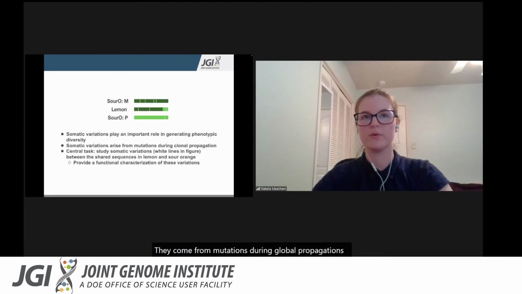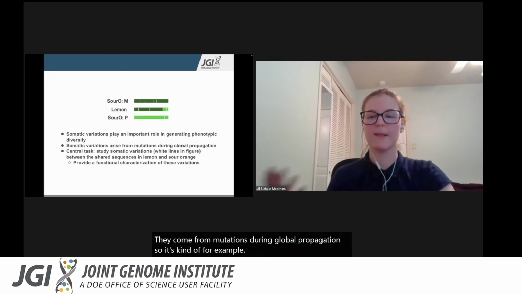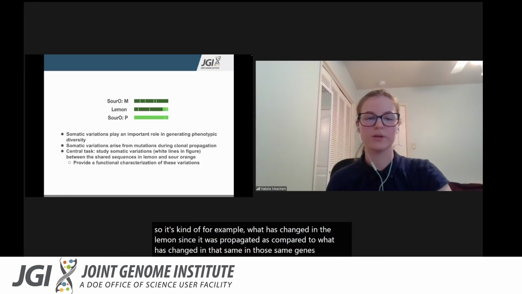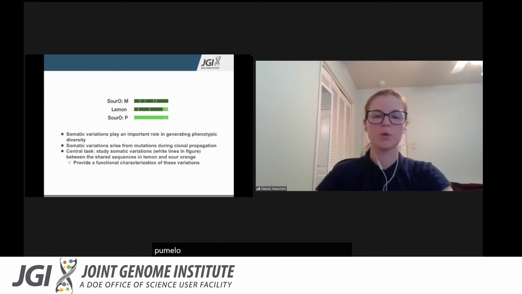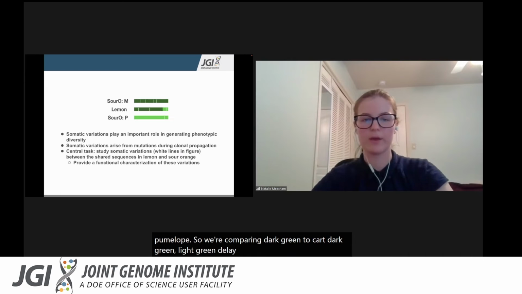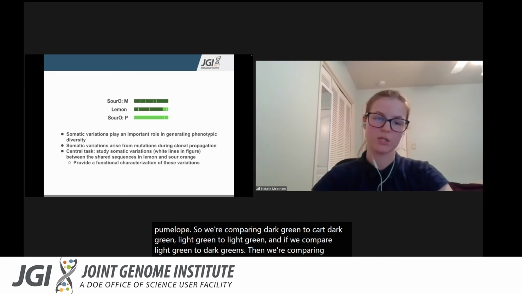So it's kind of, for example, what has changed in the lemon since it was propagated as compared to what has changed in those same genes from, for example, the pomelo. So we're comparing dark green to dark green, light green to light green. And if we compare light green to dark green, then we're comparing two different species.